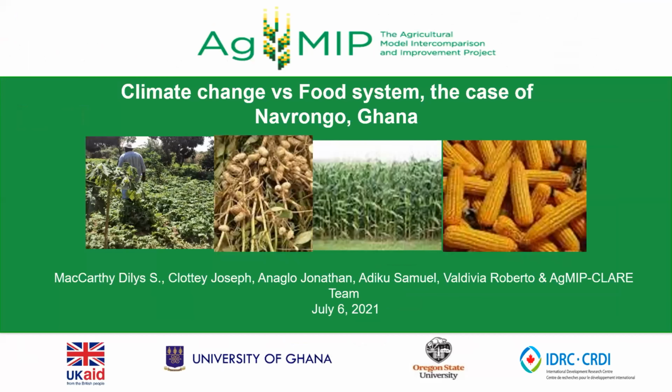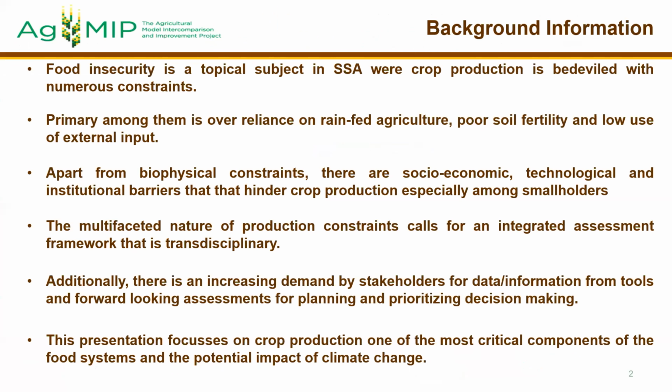So for the introduction, I'm from University of Ghana, and our topic will be on climate change versus food systems, looking at the case of Navrongo. By way of background, food insecurity is a topical issue in Sub-Saharan Africa for very obvious reasons: the numerous constraints associated with crop production.